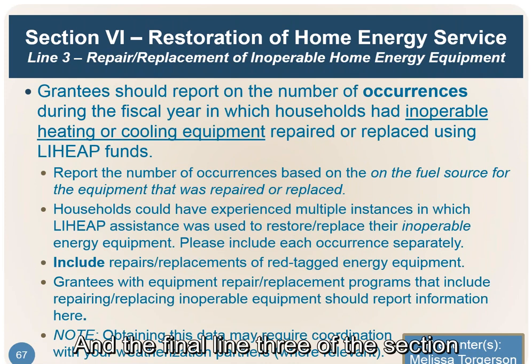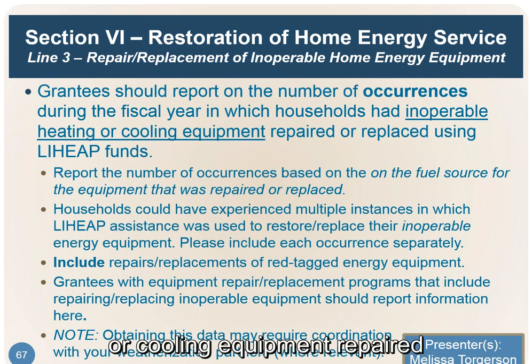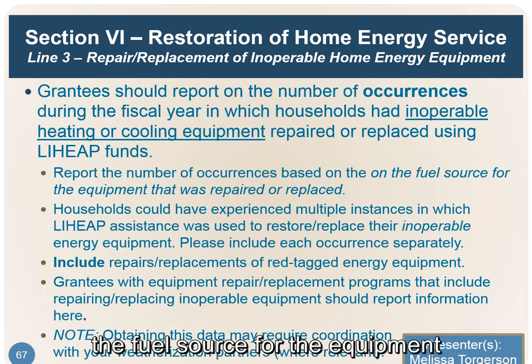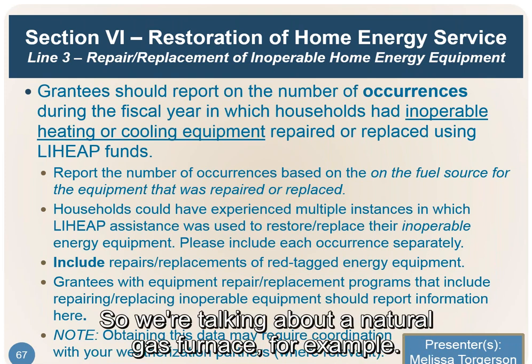And the final line 3 of this section looks at the number of occurrences in which households had inoperable heating or cooling equipment repaired or replaced using LIHEAP funds. So once again, this is based on the fuel source for the equipment that was repaired or replaced. We're talking about a natural gas furnace, for example.